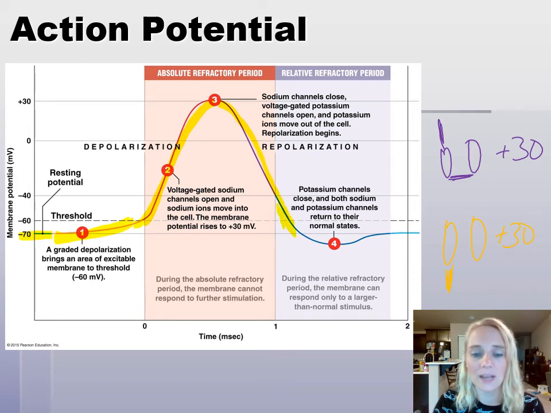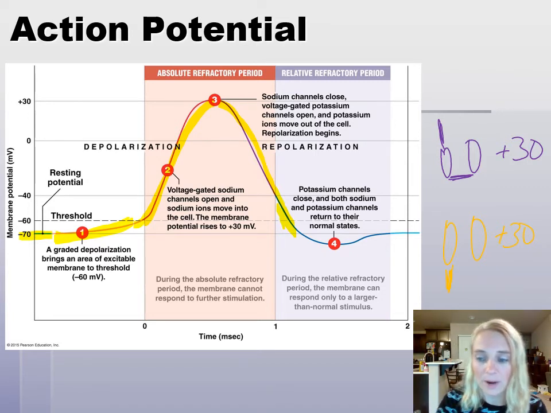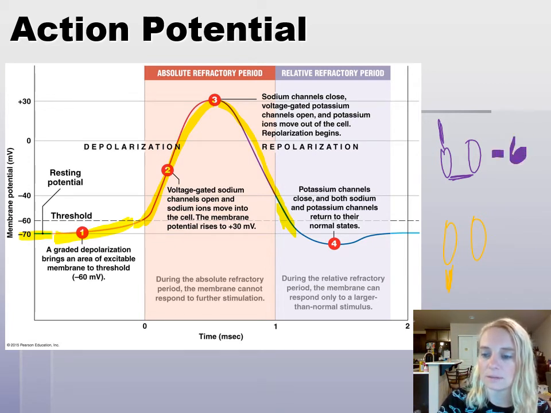And then right around negative 60, the potassium channels close and both sodium and potassium channels return to their normal states. So we're repolarizing back to negative 60. Well, I'm still in highlighter mode, that's right. Kind of shows up a little bit better.